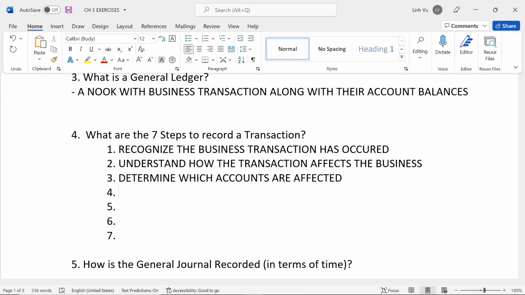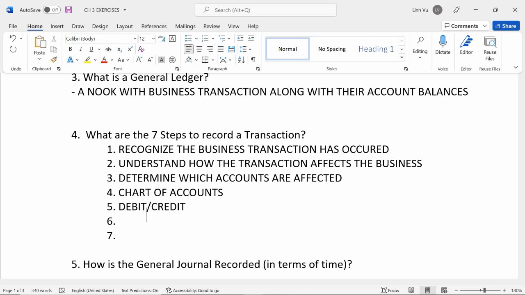Use the business chart of accounts to determine the account number that corresponds to these accounts. Okay. What's step 5? Use the debit and credit rules to determine if the accounts are debit or credit.